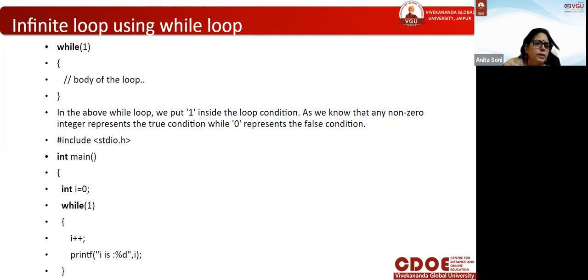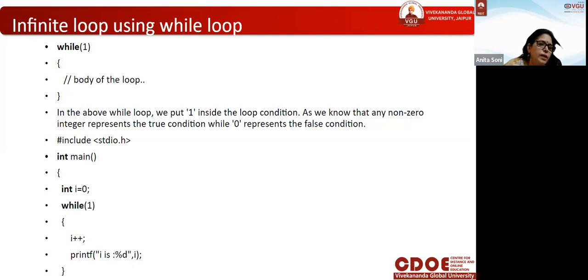See here, you have a variable i initialized with zero. While one means you are not testing a condition, one means it is always true. So you increment i by one and you print it. What will happen? This becomes an infinite loop because you are not testing a condition. One is always true. So the value of i will be printed an infinite number of times. Although you are updating the loop counter 1, 2, 3, 4, the loop counter will be updated infinitely many times.